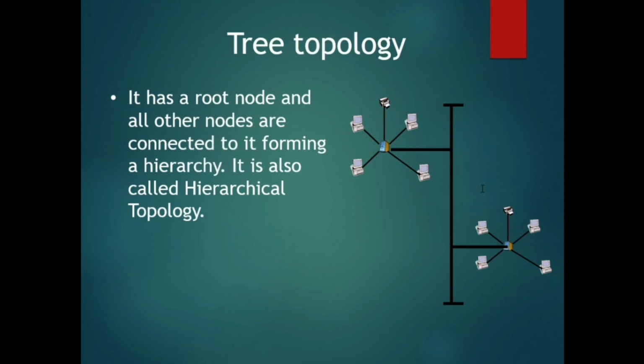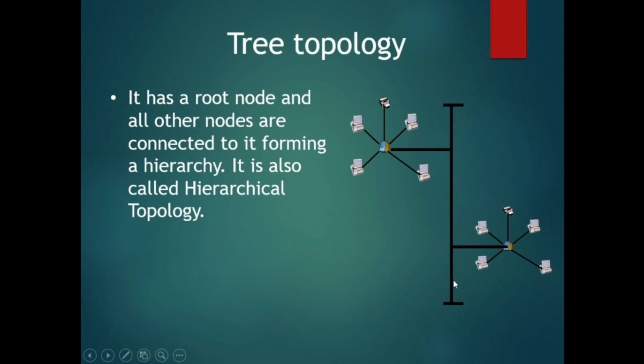Now, further details of tree topology, and we have a picture of it. Tree topology has a root node, and all other nodes are connected to it, forming a hierarchy. It is also called hierarchical topology. You see here the main black node, called the main node or root node.